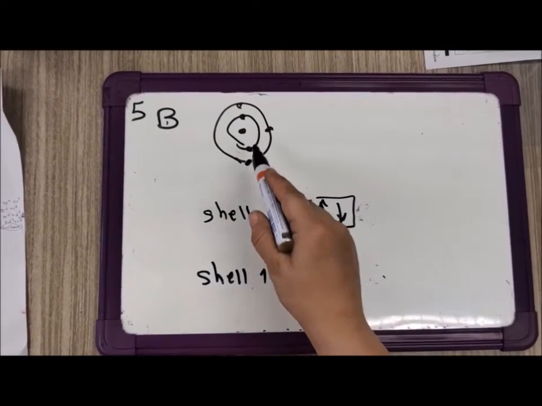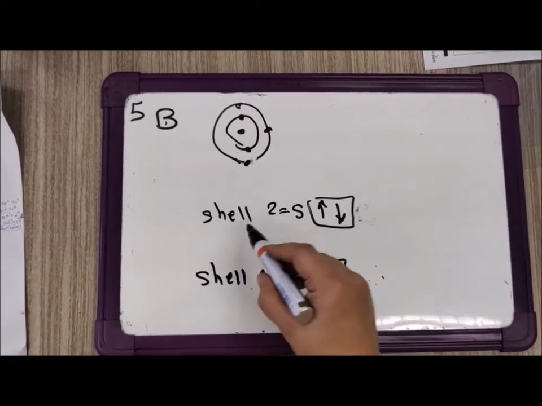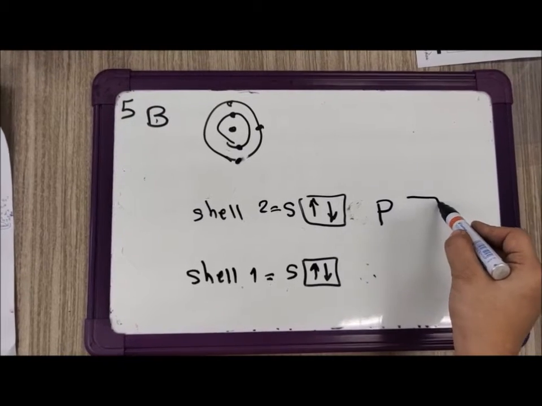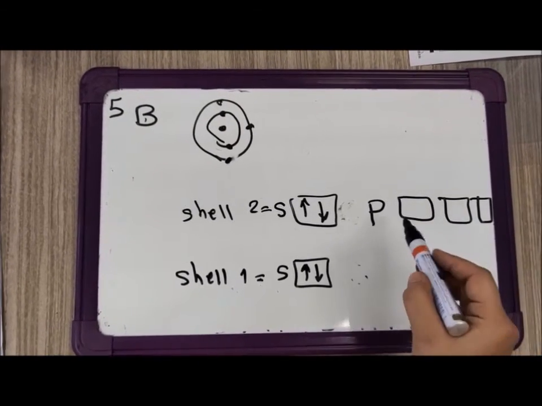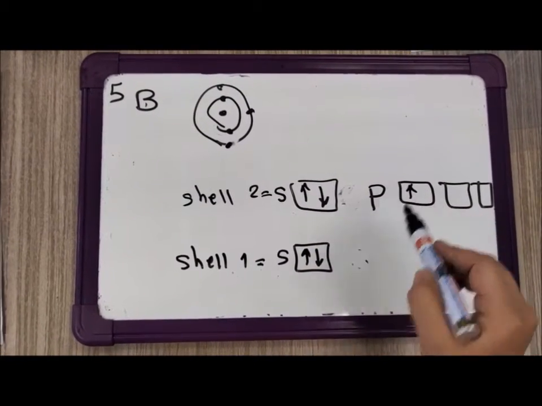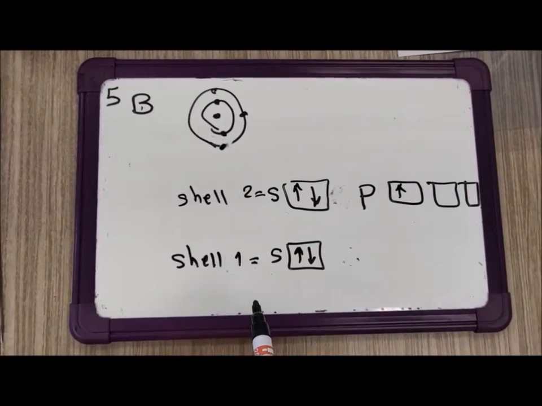But now we have one more electron. Where should I put it? On the second shell, we have another orbital. We call it p, which has 3 boxes or 3 orbitals. So where should I put the next electron? In the p orbital. 1, 2, 3, 4, 5.